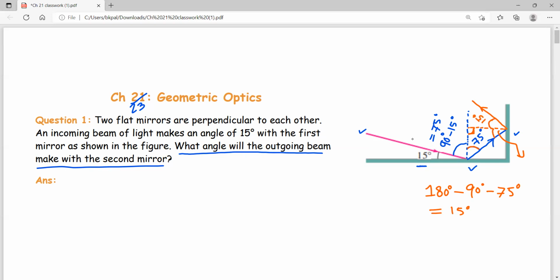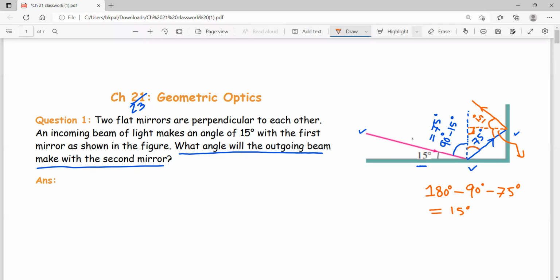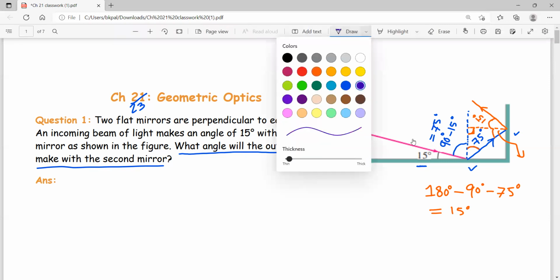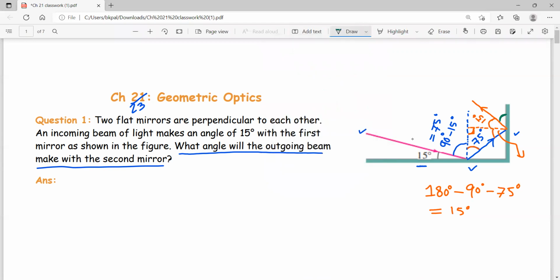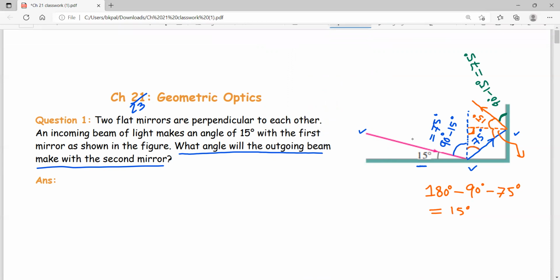That means this angle is 90-degree minus 15-degree, which is 75-degree. The question is, what angle will the outgoing beam make with the second mirror?